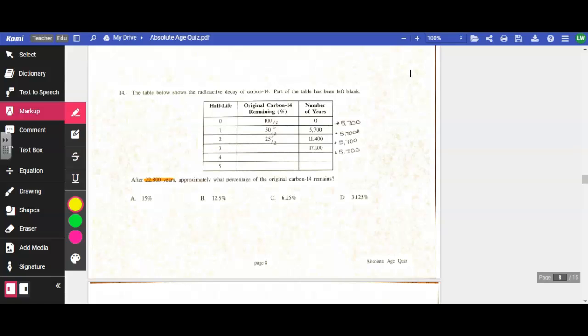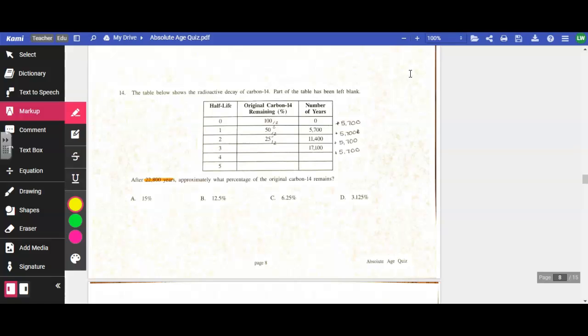Number 14, the table below shows the radioactive decay of carbon-14. Part of the table has been left blank, so this is similar to the one we saw above. After 22,800 years, approximately what percentage of the original carbon-14 remains?